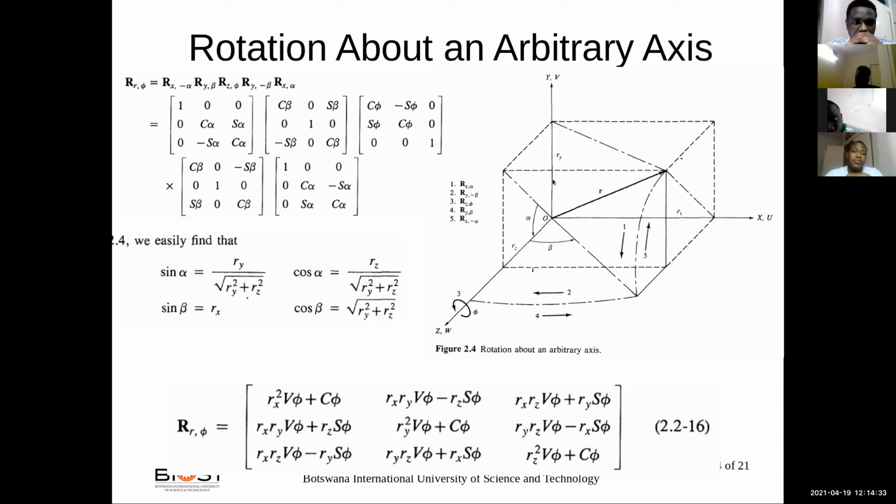So what we do is we will bring this R to coincide with the Z-axis, rotate there, and bring it back. Again, what we will do here is bring this R to align with the Z-axis, rotate there, and then bring it back to where it was.